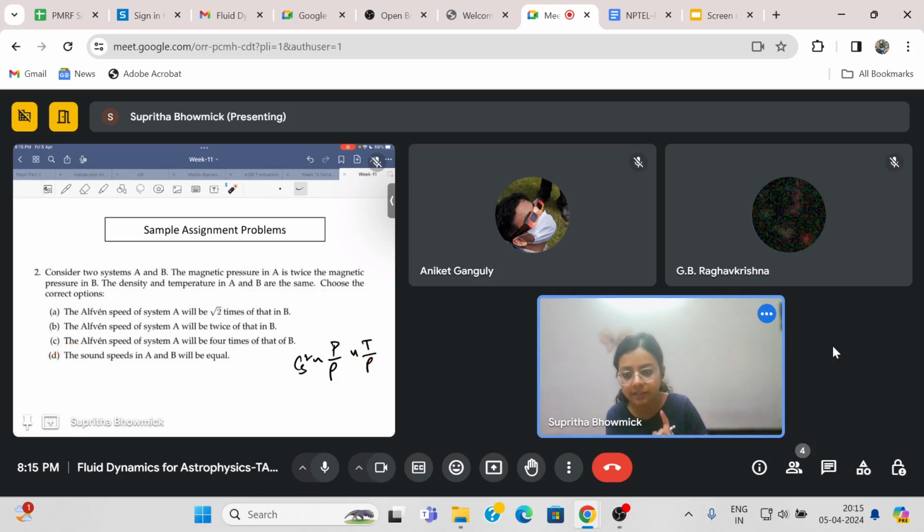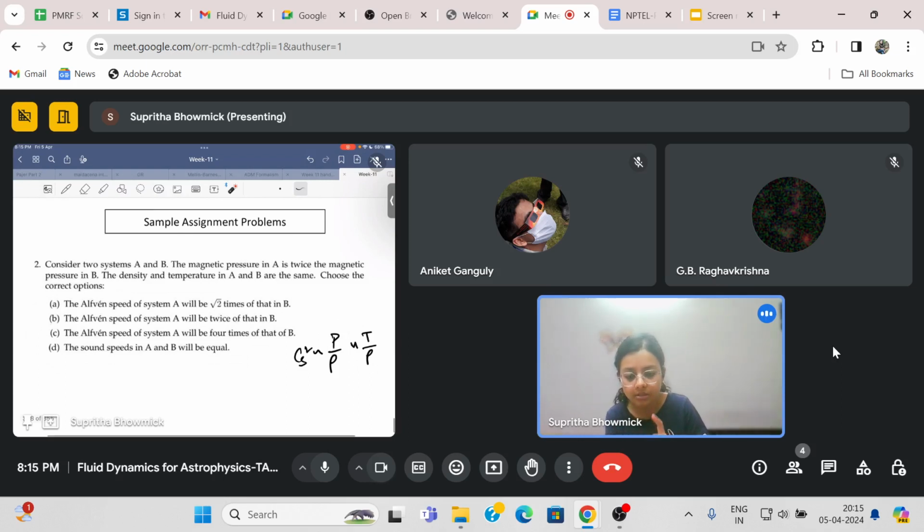Now let's move to Alfven speeds, comparing the Alfven speeds in the two systems. The magnetic pressure in A is twice the magnetic pressure in B. And the Alfven speed is given by what?